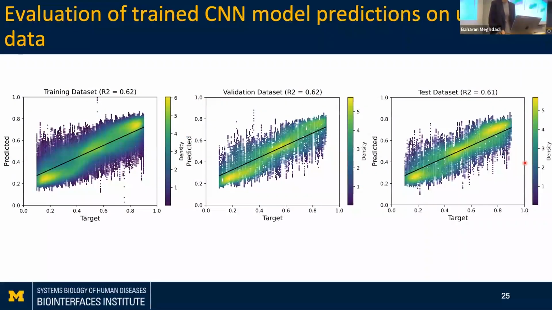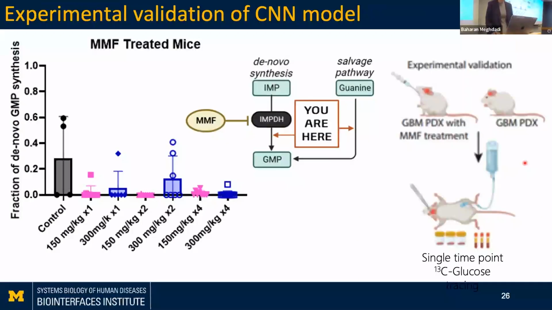And so we then evaluated our model on the training, validation, and test data sets, and we saw a similar correct prediction rate in the training data set and in the test data set. And this means that our model doesn't overfit, and it's generalizable on unseen data.